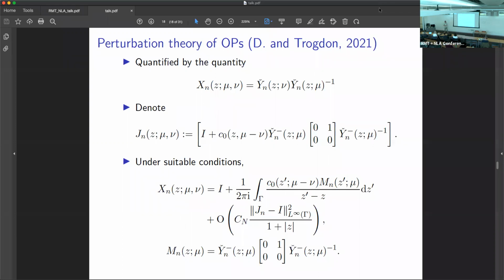Under suitable conditions, we can have such an expansion, equal to the identity, plus the first order correction, plus the higher order correction. This M_N matrix we can also write down, and I will explain the magnitude of this M_N later. On one hand, we don't want z too far away from the real line, otherwise it can grow exponentially.